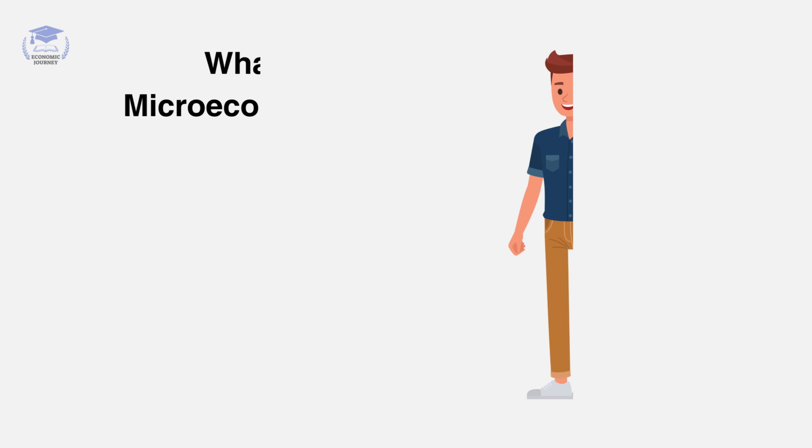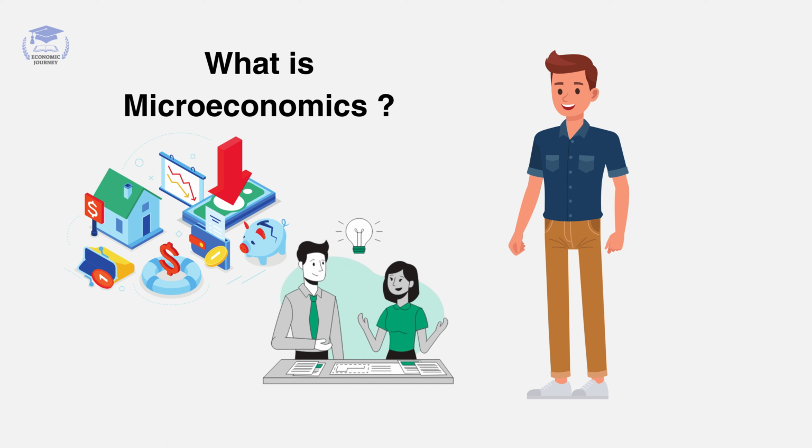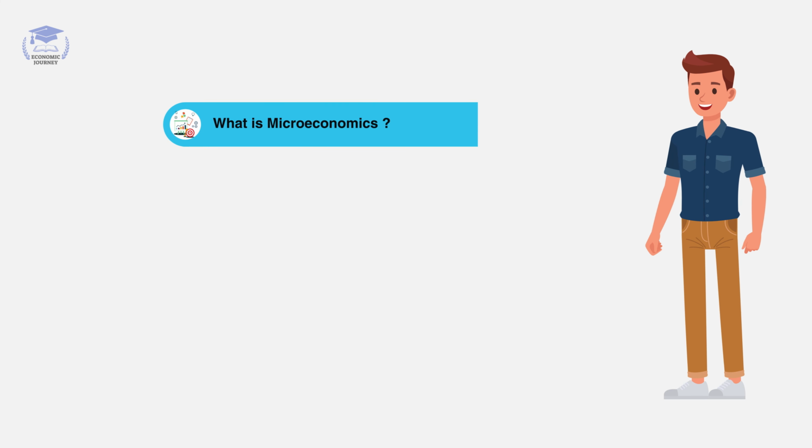If you've always wondered what microeconomics is and why it's so important, then you're in the right place. Today, we're going to dive into the fascinating world of microeconomics. First, we'll clarify what microeconomics means and the assumptions it's based on. This will help us understand the basics and objectives of this important area of economics.